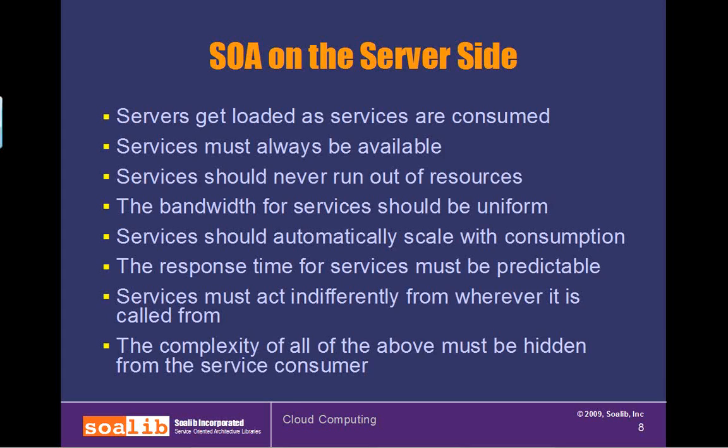The bandwidth means that if we have a 10 gigabyte bandwidth, for example, we must ensure that this 10 gigabyte bandwidth is available regardless of how many users are consuming the services. To do this, most of the time, the cloud services or the cloud-based applications are globally diverse.